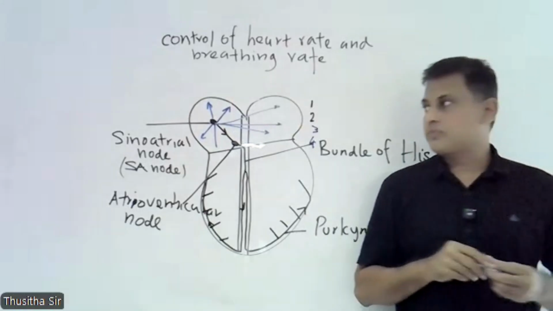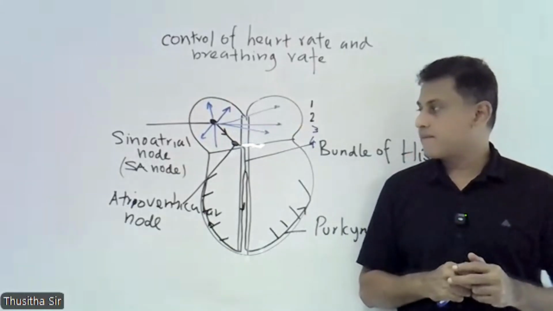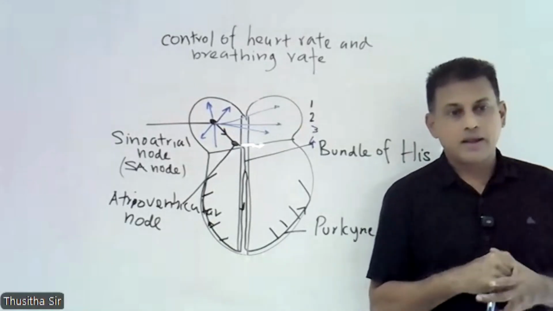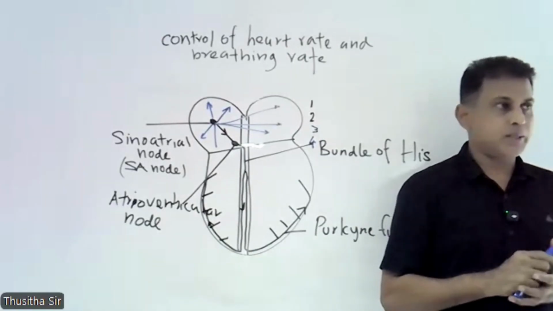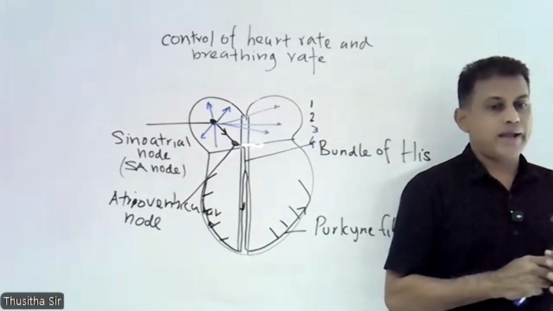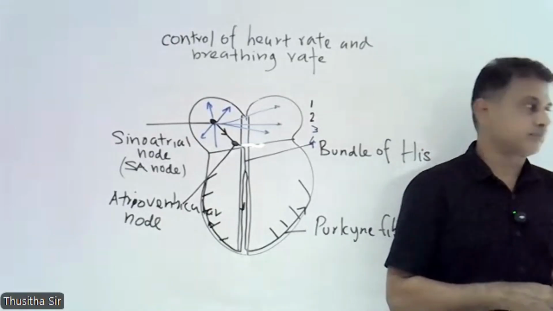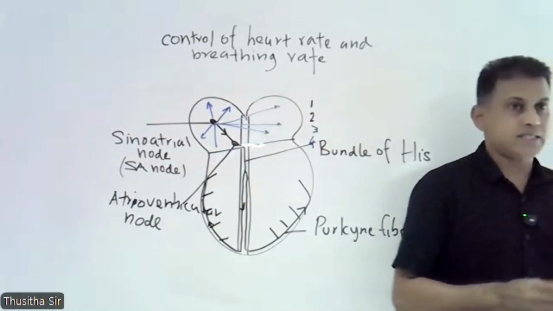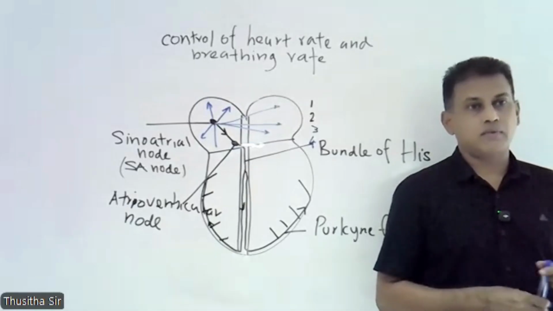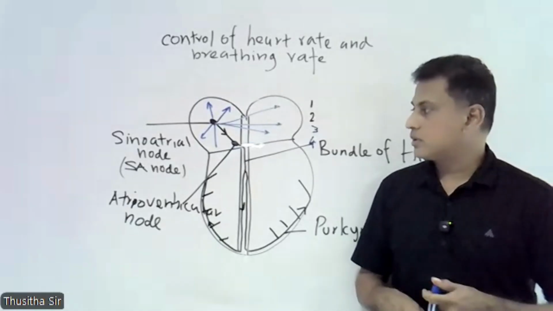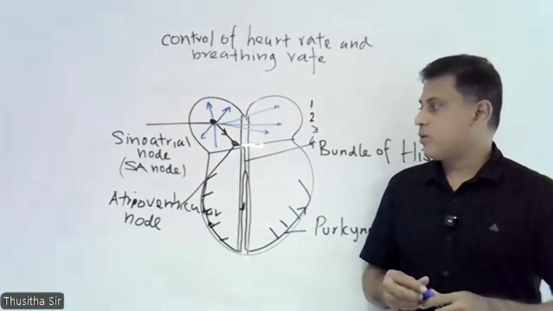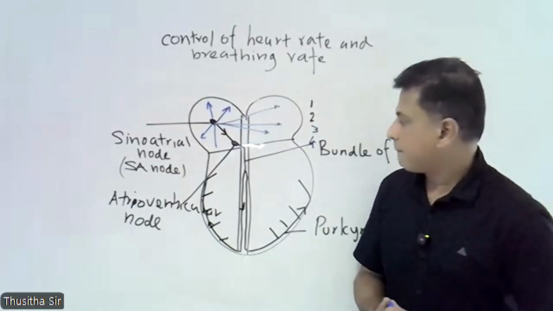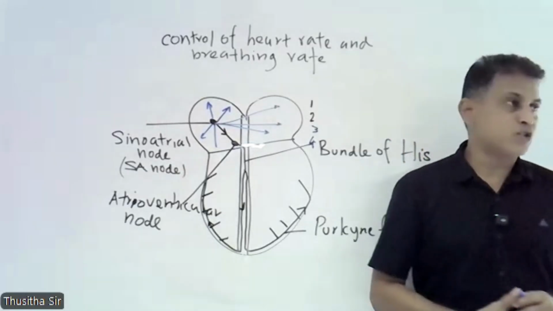Number 4, the AV node acts as a relay station and it delays the depolarization passing to the bundle of His.